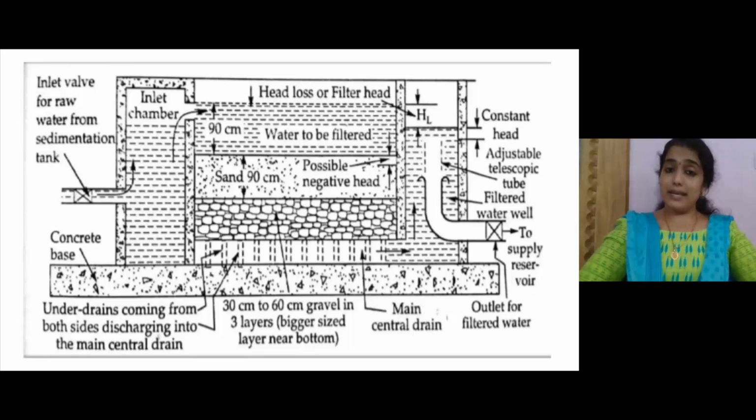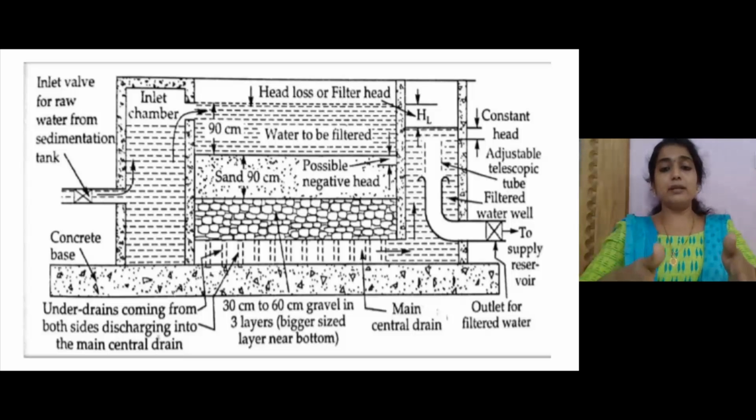This is the schematic representation of a slow sand filter. Here you can see the inlet chamber, the middle portion is the filtration chamber, and then the outlet chamber. This is the basic structure of a slow sand filter.